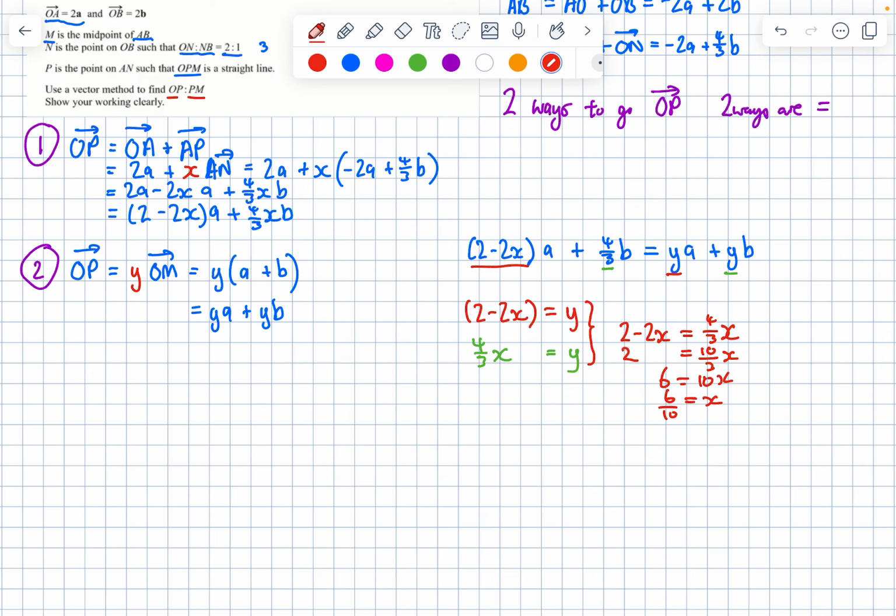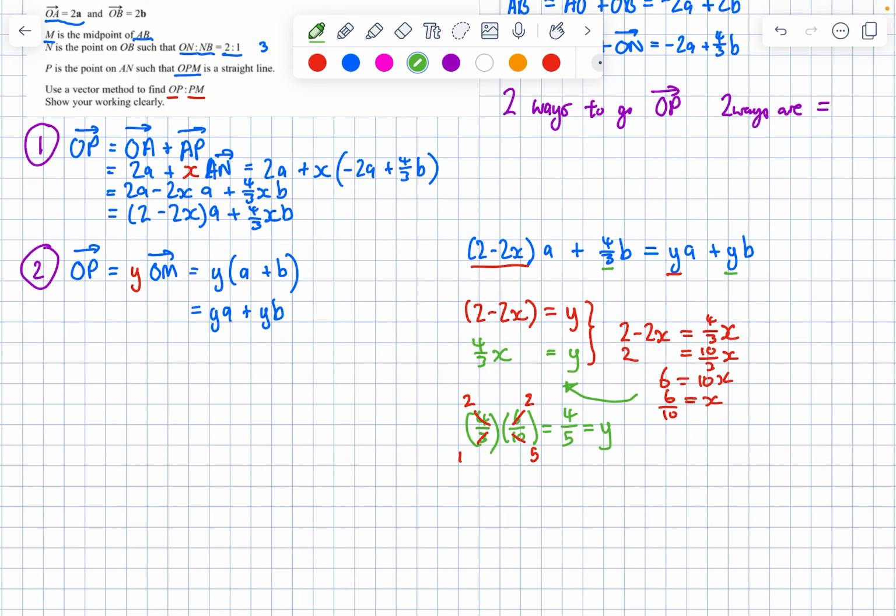If I put it into the second one, I've got 4/3 times x, which is 6/10, and I can simplify this, remember, because we're multiplying fractions. I've got 4, which I can make 2, 10, which I can make 5, 3, that I can make 1, and 6, that I can make 2. So I get 4/5, and that is my value for y.